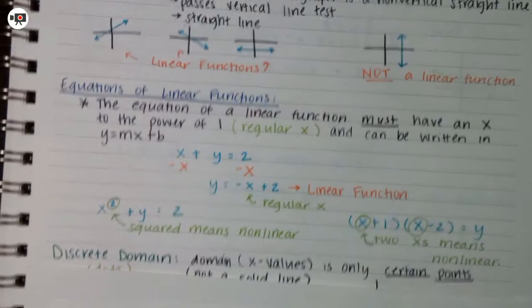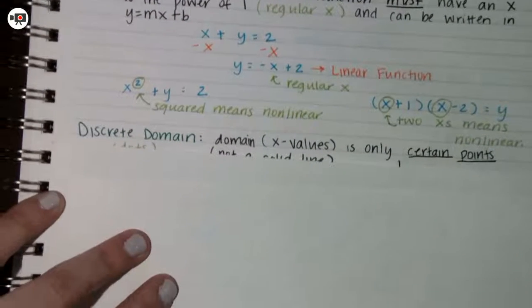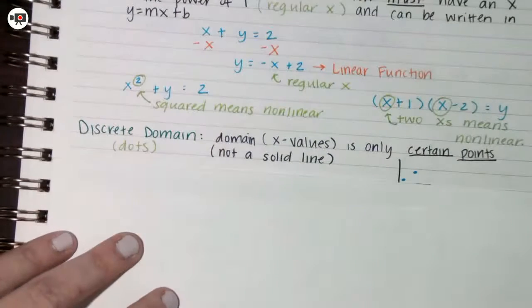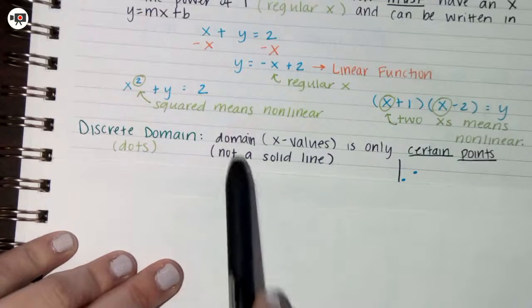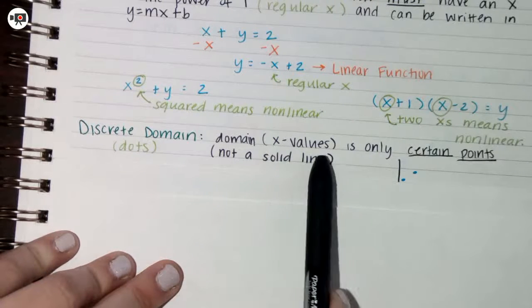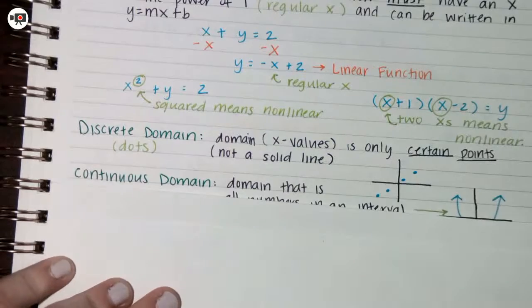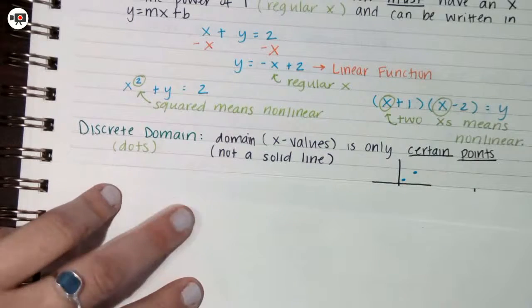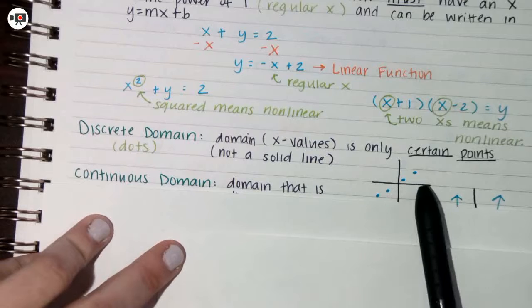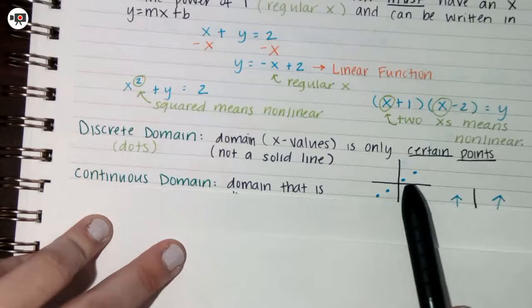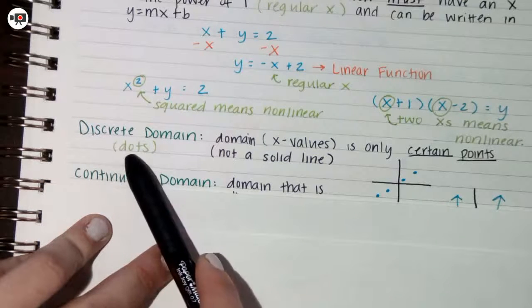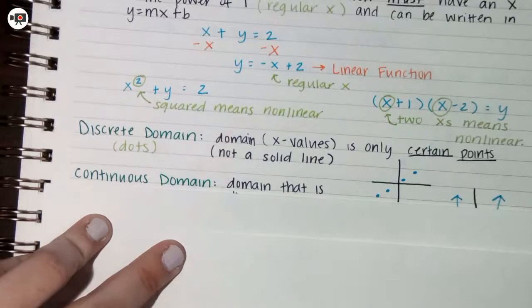Next, we were talking about different kinds of domains. So we have a discrete domain, and that is a domain meaning that x values are only certain points. It is not a solid line. So we have a graph with just some dots on it. So dots and discrete, like this.